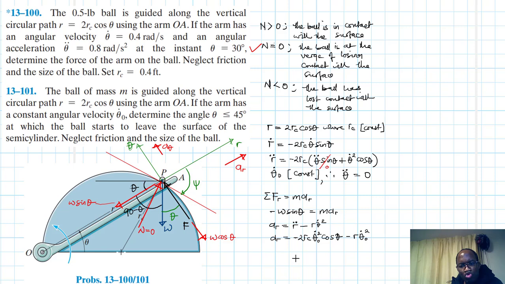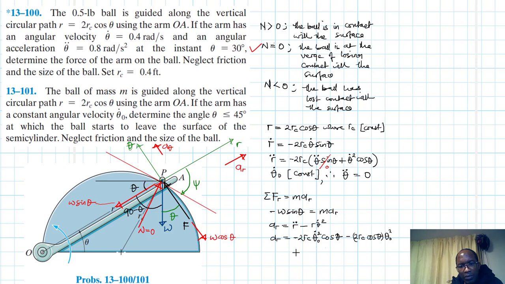So we can write this as minus 2 rc theta dot squared cos theta minus r, and what is our r? Our r is equal to 2 rc cos theta, and then theta naught squared.